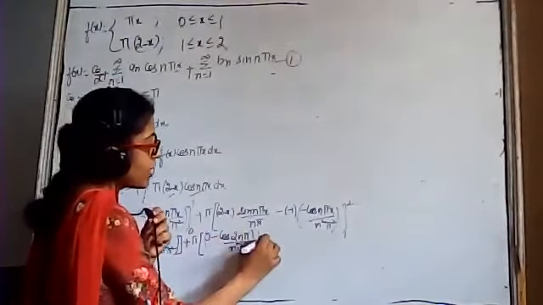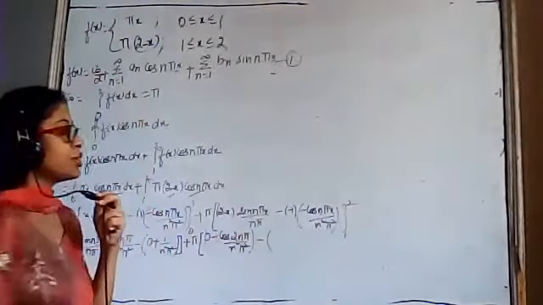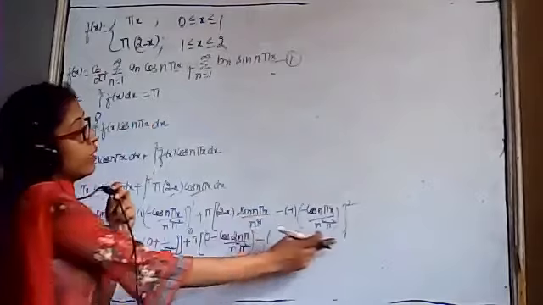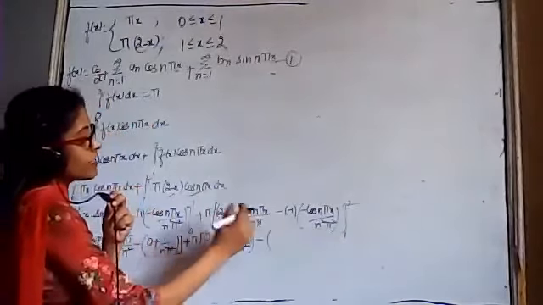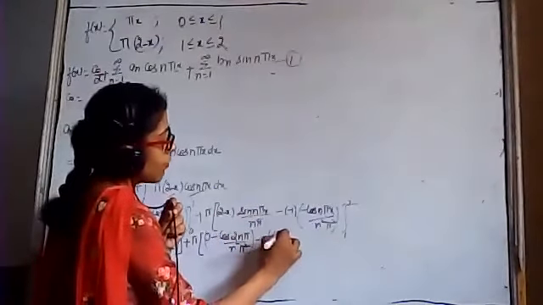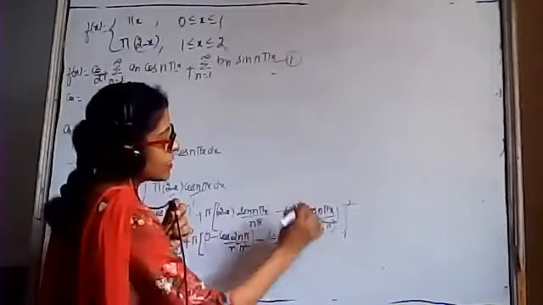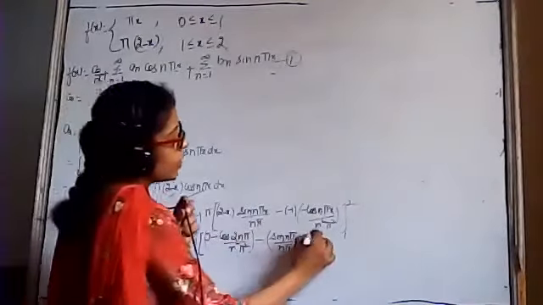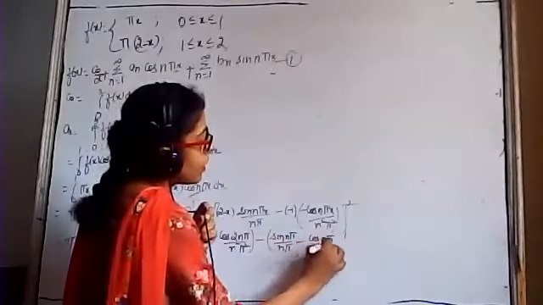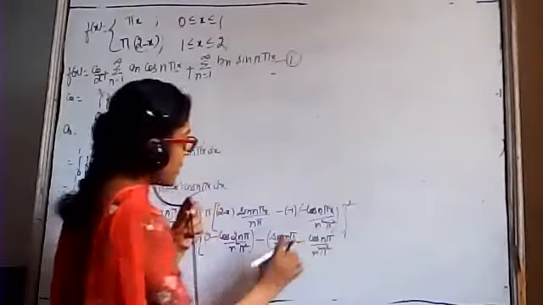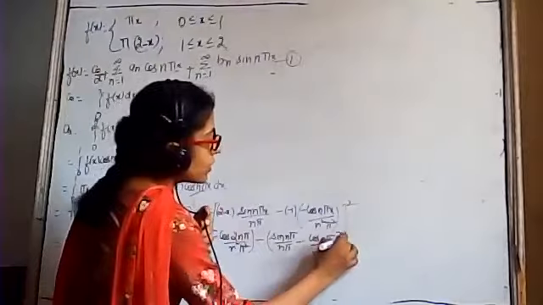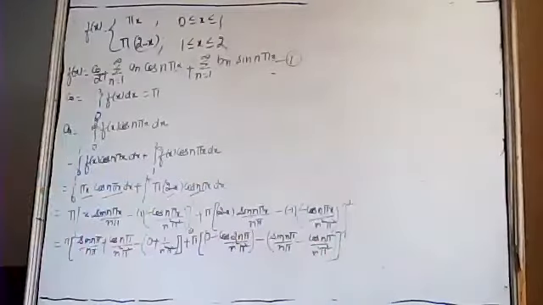So this is the upper limit; minus, we have to substitute the lower limit. Lower limit is 1. 2 minus 1 is 1 into sine of n pi divided by n pi, minus, minus and minus. It will be again equal to minus cos of n pi upon n square pi square.